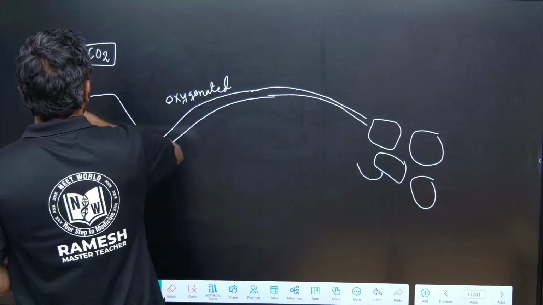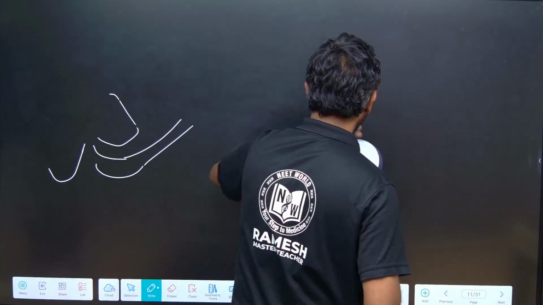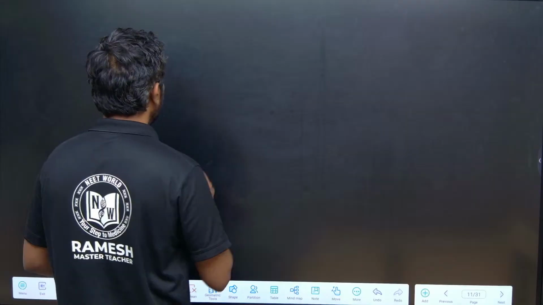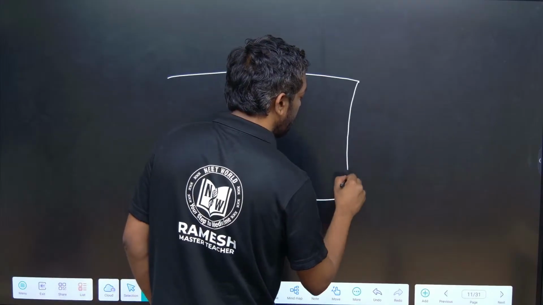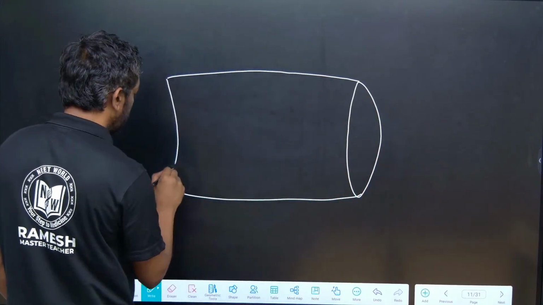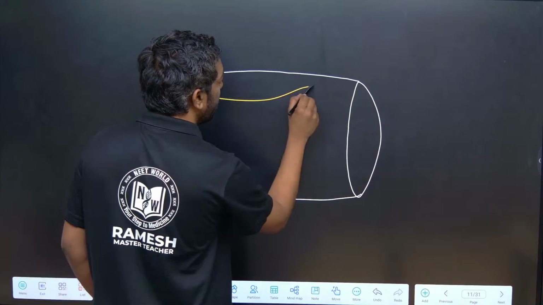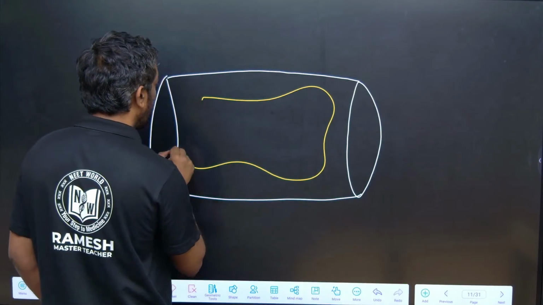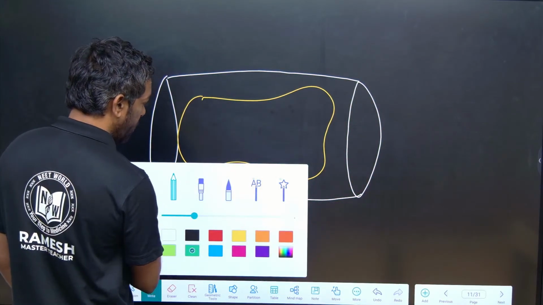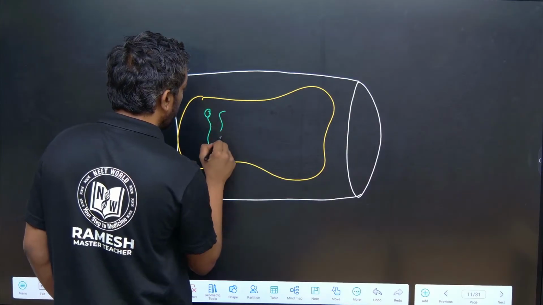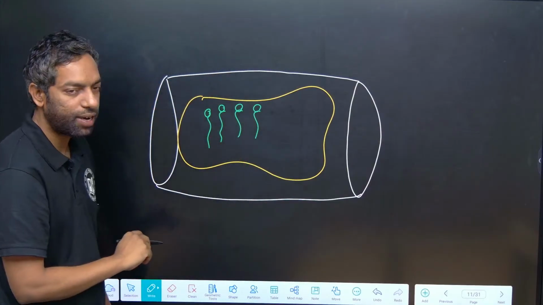I will give you another best way. This is the blood vessel. Okay. In the blood vessel, this is the RBC. RBC has hemoglobin. This is a hemoglobin, head part and tail part. Okay.